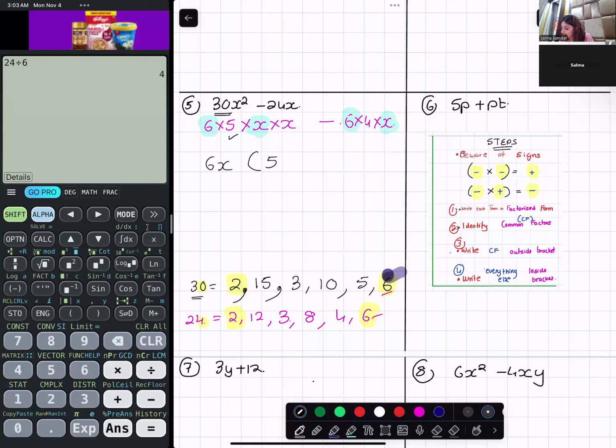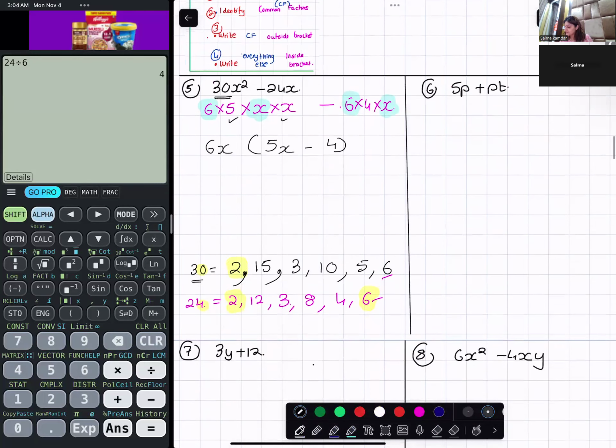Everything else, that is 5x minus 4, inside the bracket. So this is how you try to factorize. You will write the factors at one place and you will see which factor you can use because we need a common factor.